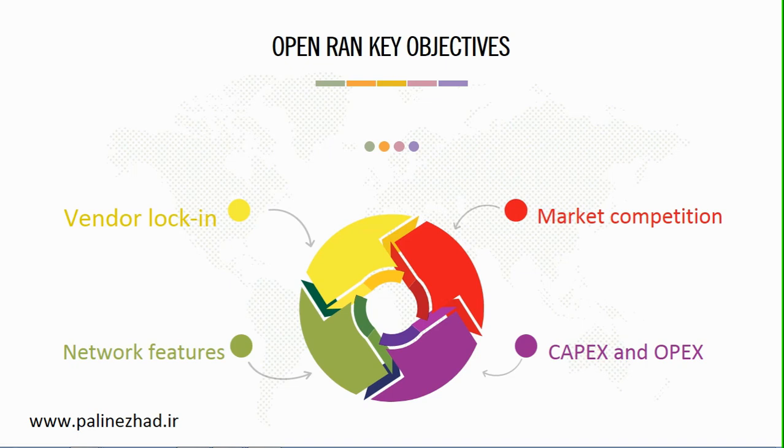Previously, if a vendor decided to limit R&D investments and remove some features, then the operator couldn't purchase it from others. But by making RAN open, it's possible to buy various features from various vendors. So overall, improving CapEx and OpEx is possible by increasing competition and using techniques to enhance network performance. Let's go to the next slide.